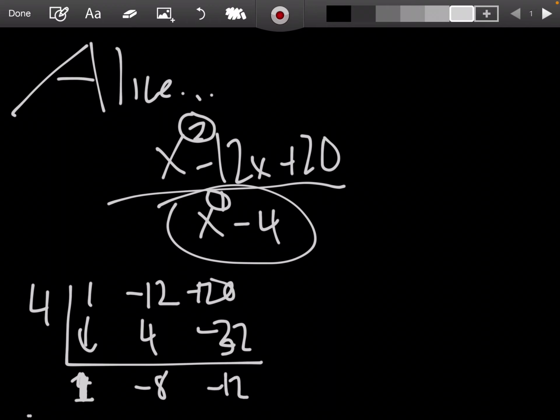But remember, in these equations we don't need the remainder, because as x becomes really big or really small, the remainder goes closer to 0. So x minus 8 is the slant asymptote for this equation.